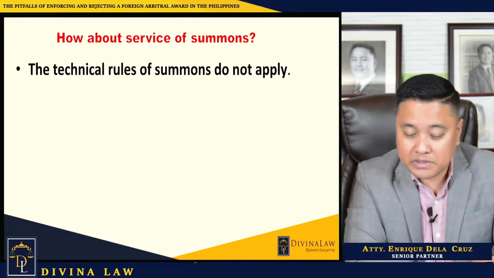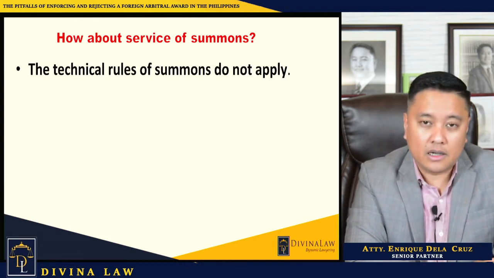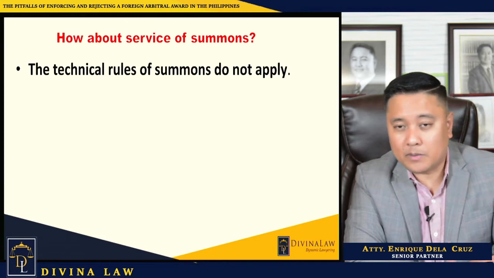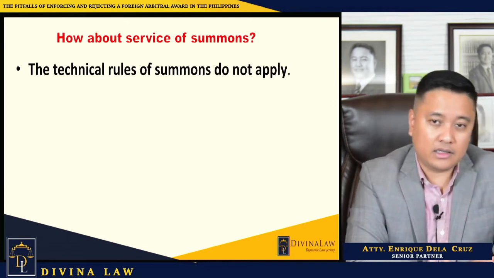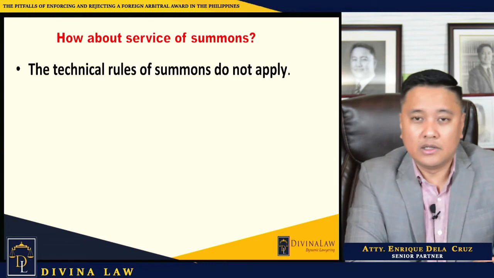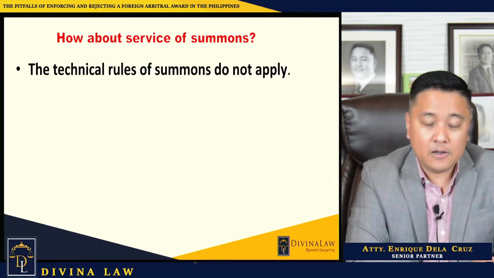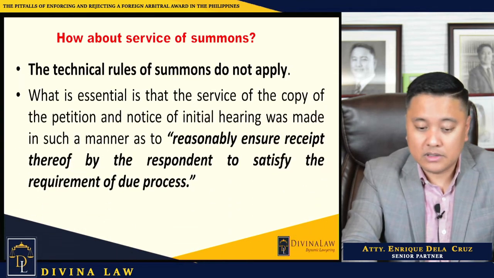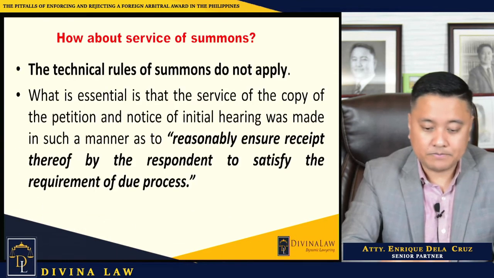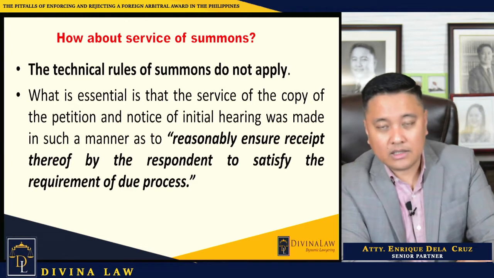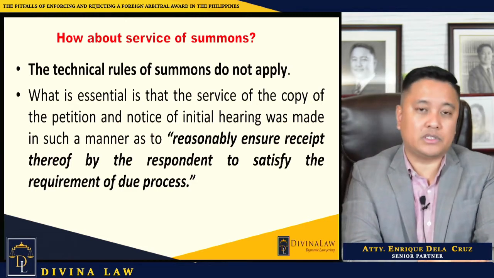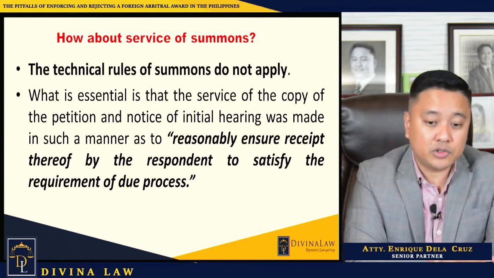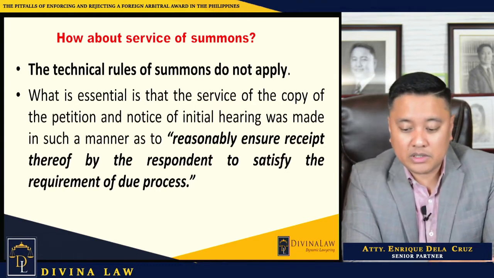And this is specifically mentioned in the special ADR rules. Therefore, you don't have to look for the president or secretary or treasurer or any officer. You don't need to go there personally. In fact, you can serve by email or publication. So, under the rules, what is essential is that the service of the copy of the petition and notice of initial hearing was made in such a manner as to reasonably ensure receipt thereof by the respondent to satisfy the requirement of due process.